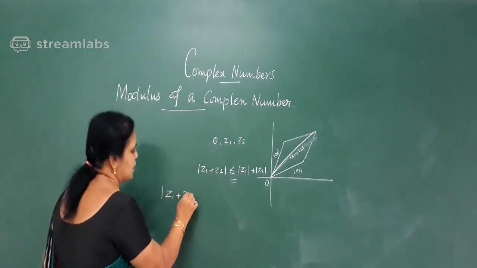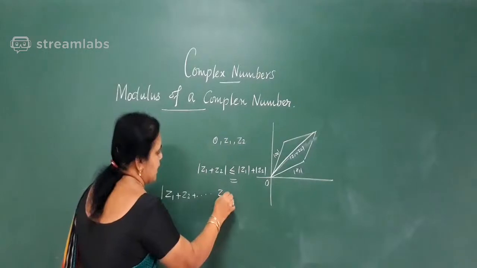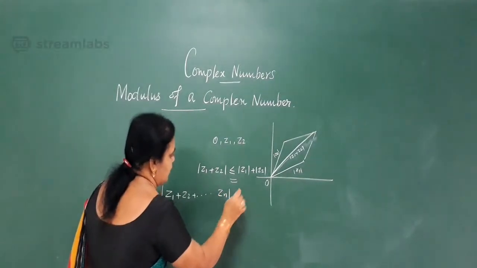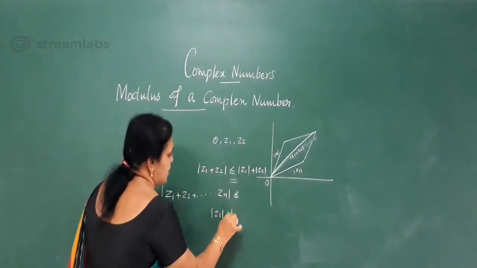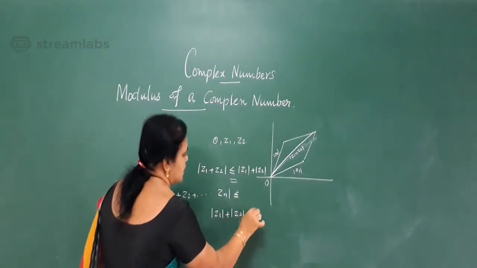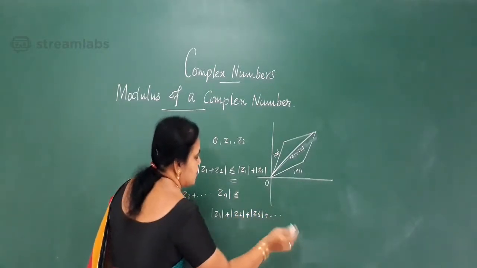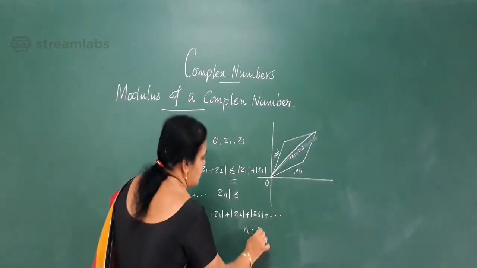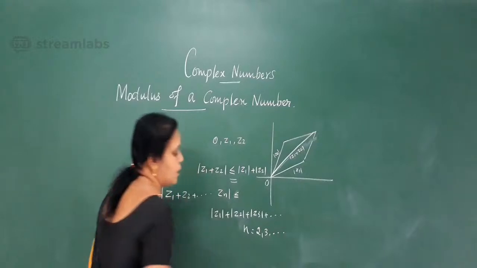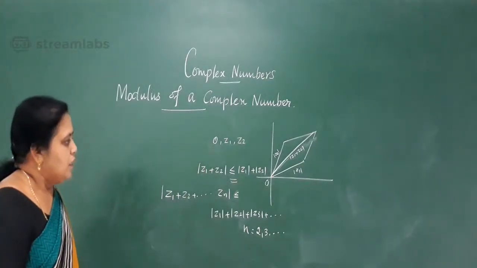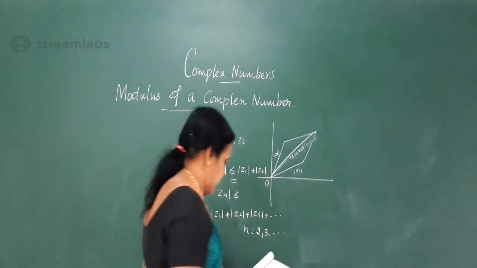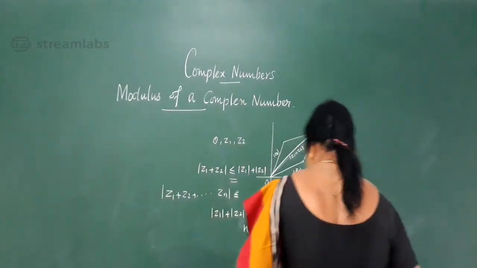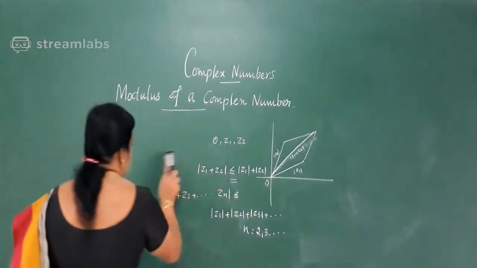Modulus (z1 plus z2 plus up to zn) is less than or equal to modulus z1 plus modulus z2 plus modulus z3, and so on up to n, where n is equal to 2, 3 and so on. This is the triangle inequality. Then, next property: the distance between 2 points.